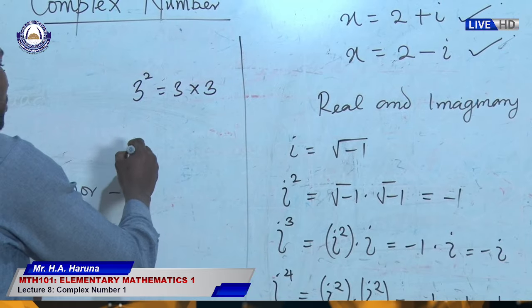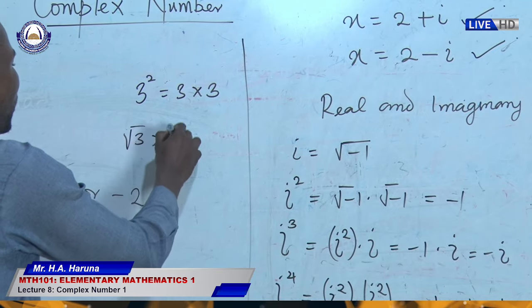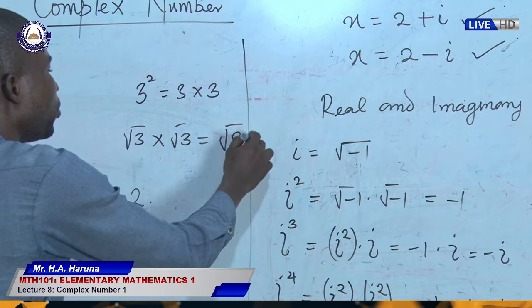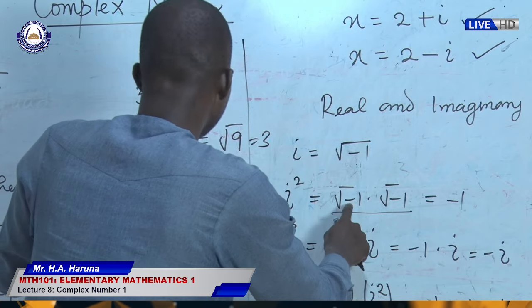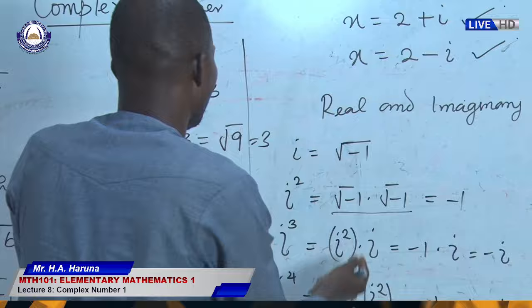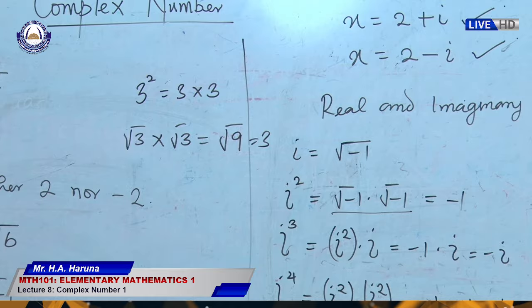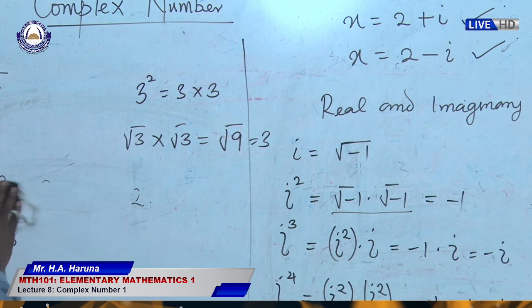If you have root 3 multiplied by root 3, the answer is 9, and root 9 is what? 3. So in that way, you can use it here. Root negative 1, root negative 1; by the time you multiply the two together, you have negative 1. So let's now look at addition and subtraction of complex numbers, because this is sufficient for us, we can proceed.